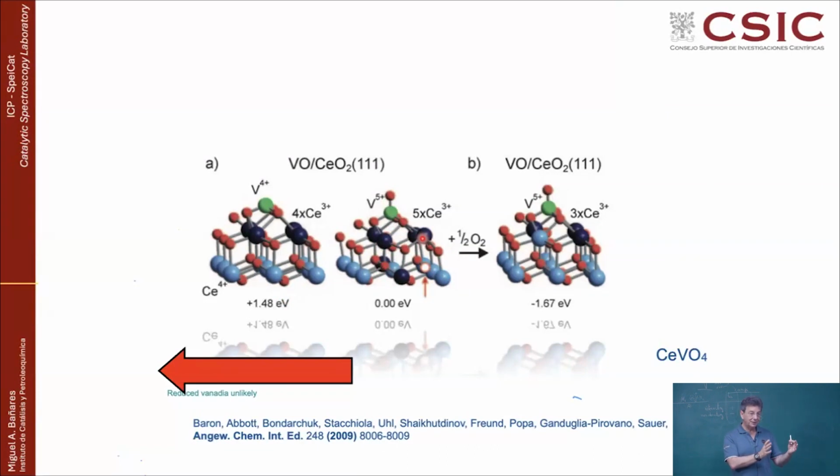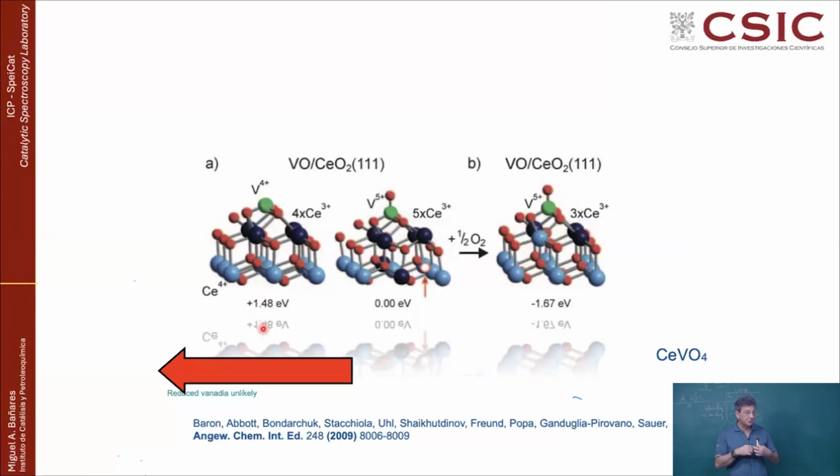Even at 800 degrees with strongly reducing conditions, vanadium is 5+. And he calculated the reduction of vanadium, and what happens is that if you try to reduce vanadium to vanadium 4+, the energy of the system increases by 1.5 electron volts. That means impossible in the computational chemistry calculations, which is exactly what we were observing, that this is not happening.